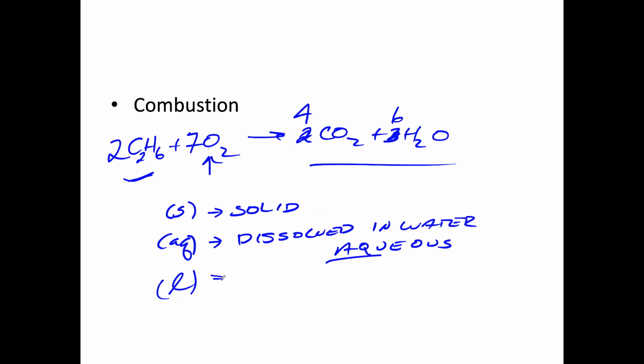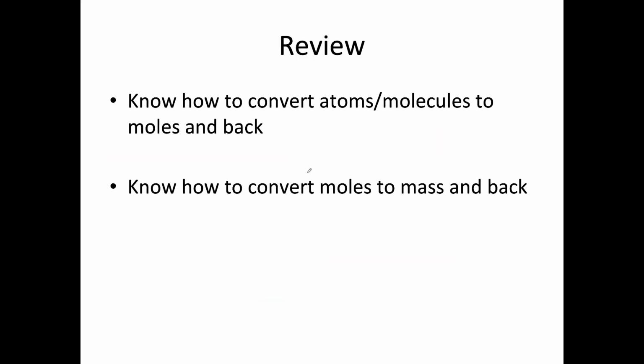L is a liquid, and G is a gas. These are called the states of matter, and they're usually written as a subscript after the formula. All right? And to review, go back to the last test and review these two steps, because we're going to be doing this a lot in this chapter.